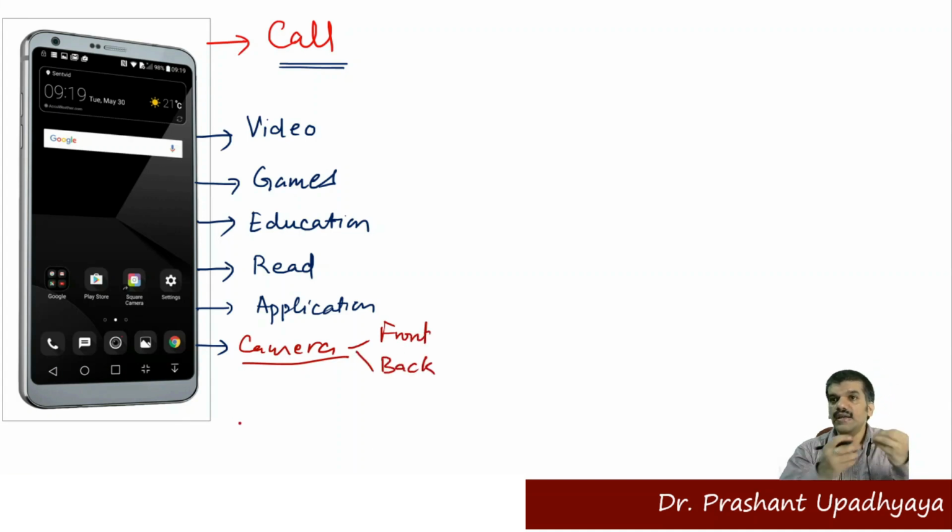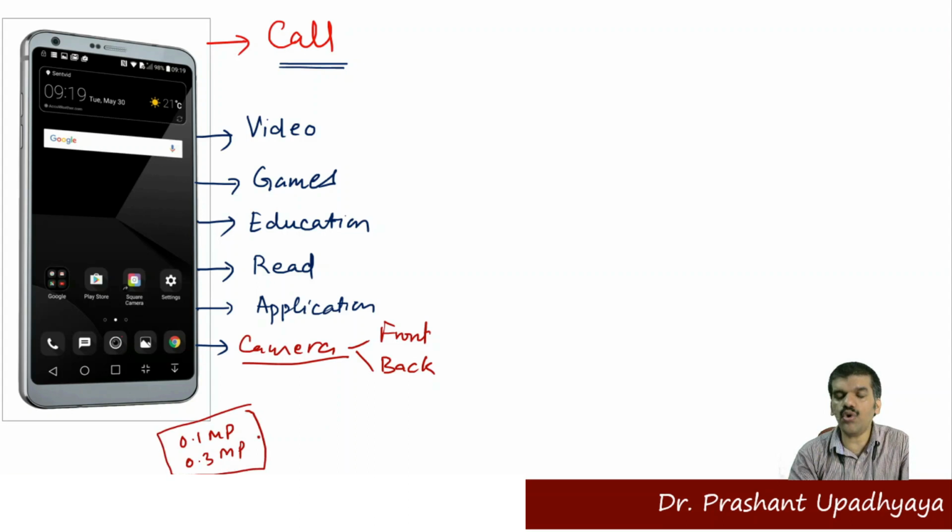If we talk about the initial mobile phones which had a camera, I remember I was using a mobile phone which had only a 0.1 megapixel and 0.3 megapixel camera. And if I ask you whether you would use a 0.1 or 0.3 megapixel camera, you are going to say no sir, we will not use it.